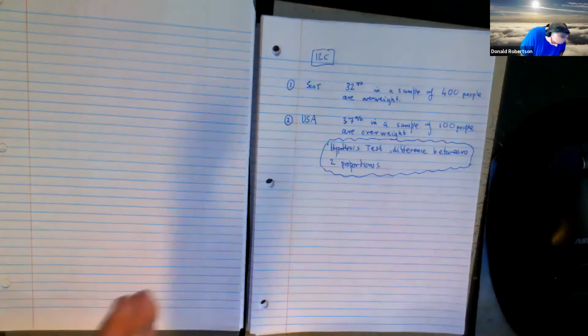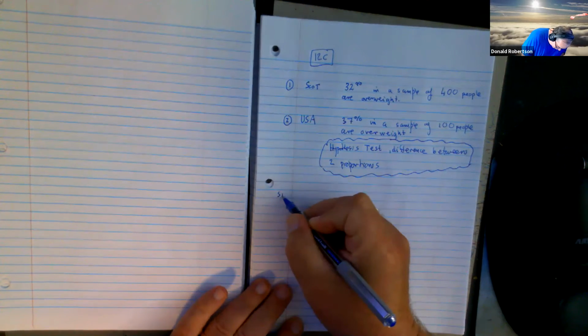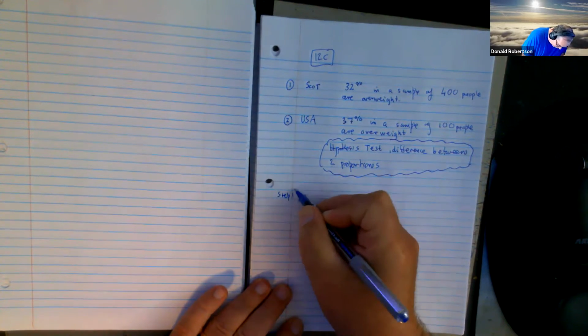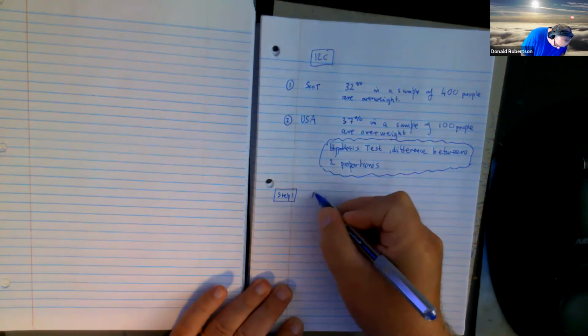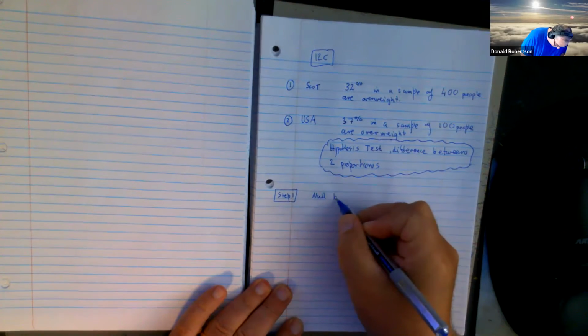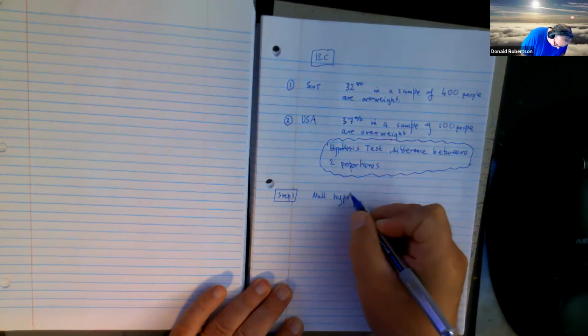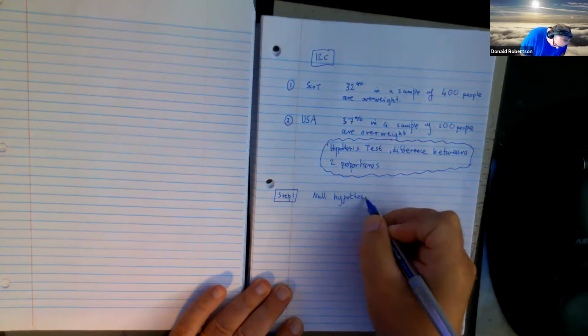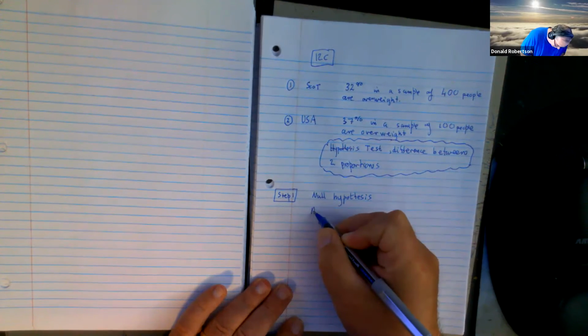So what's the first step? Well, that's the one you were talking about, this thing called the null hypothesis. And the other one's called the alternate hypothesis.